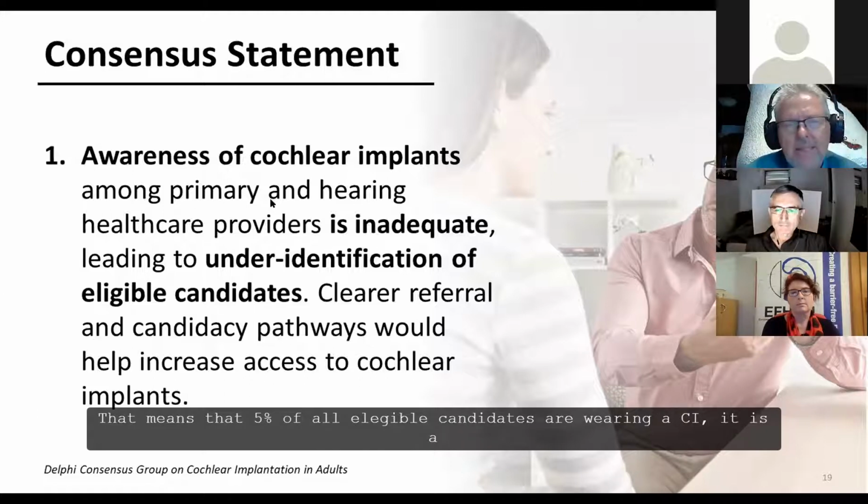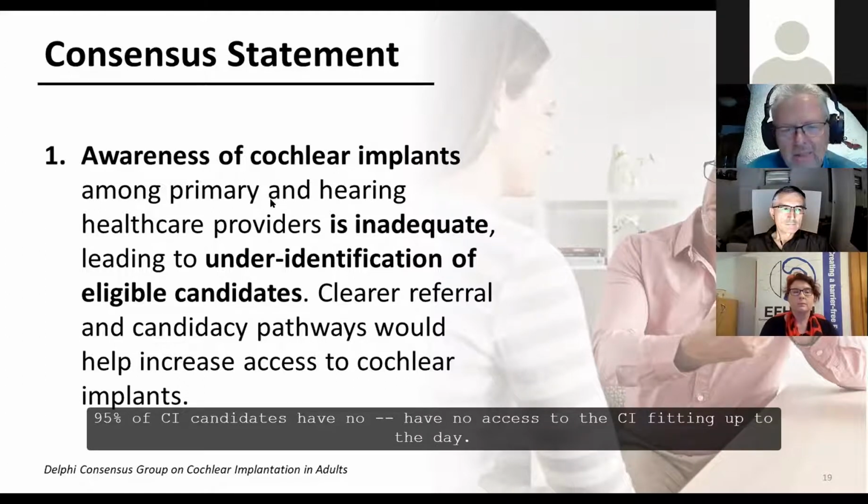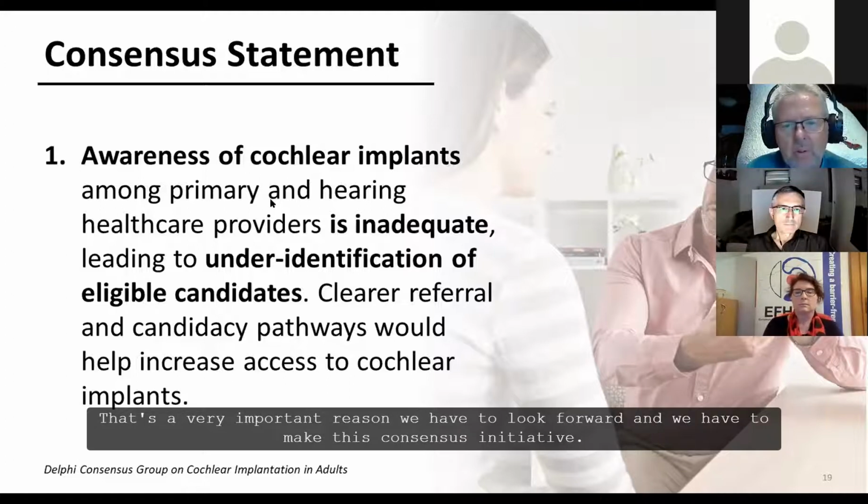That means that only 5% of all eligible candidates are wearing a CI up to today. That's a review over the world. That's not a good state, because 95% of the CI candidates have no access to CI fitting up to today, and that is a very important reason why we have to look forward and make this consensus initiative.